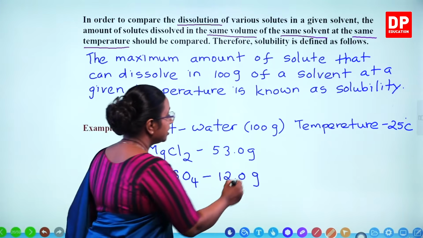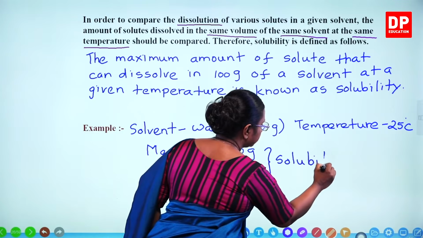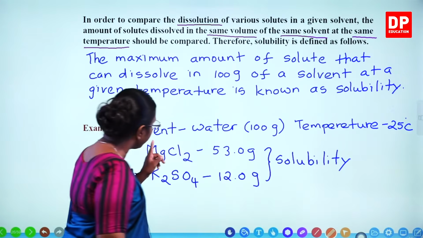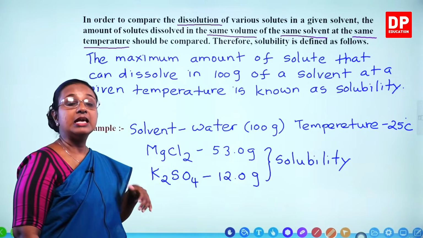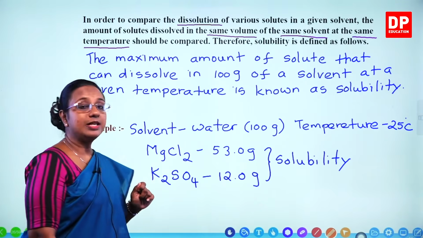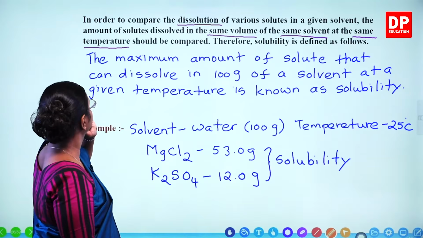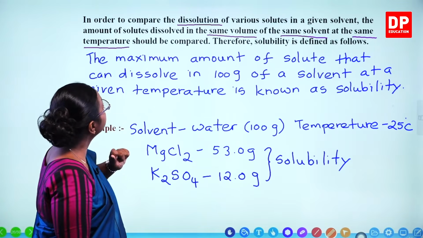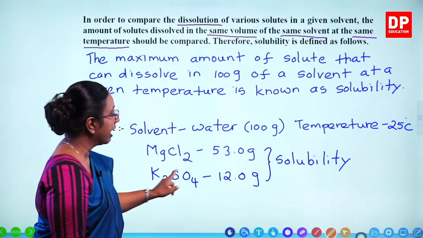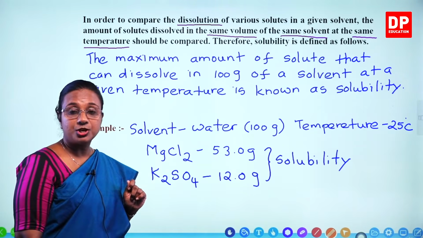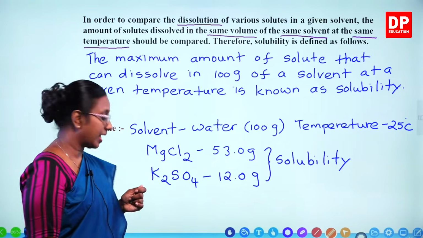So these are the solubility of these solutes. And from this, you can see the solubility of magnesium chloride is greater than the solubility of potassium sulfate. That is what we have said here: in order to compare the dissolution of various solutes. Here we have compared the dissolution of two solids, magnesium chloride and potassium sulfate.